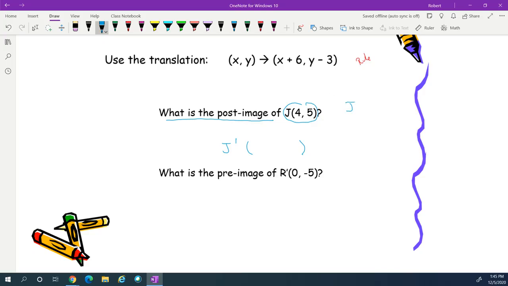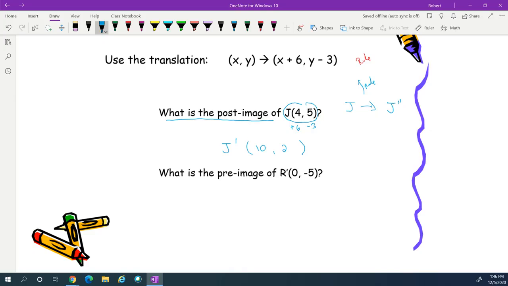So J becomes J prime, and that's the rule. The rule says add 6 to the X's and subtract 3 from the Y's. So 6 plus 4 is 10. 5 minus 3 is 2. And that's where J prime is.